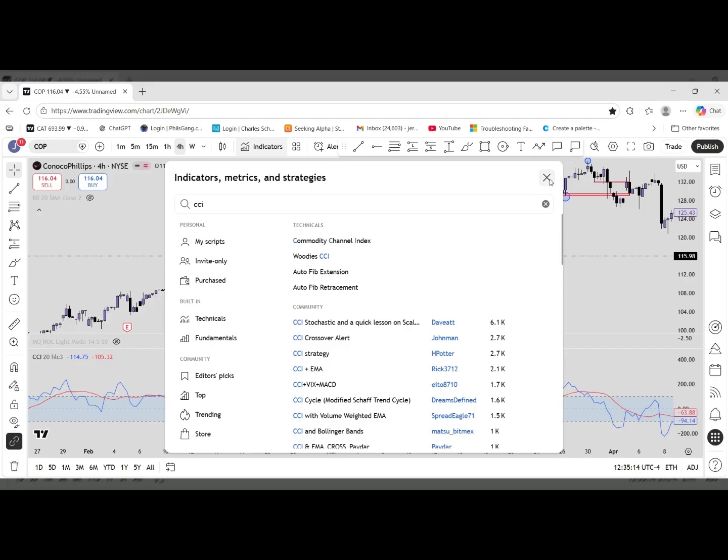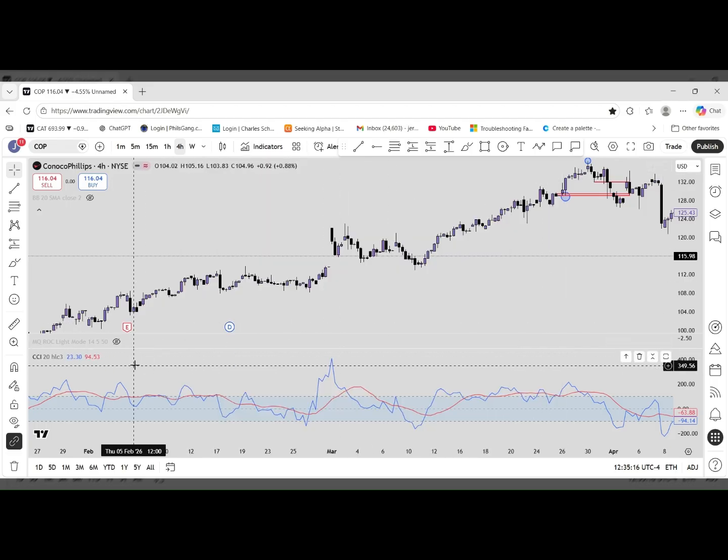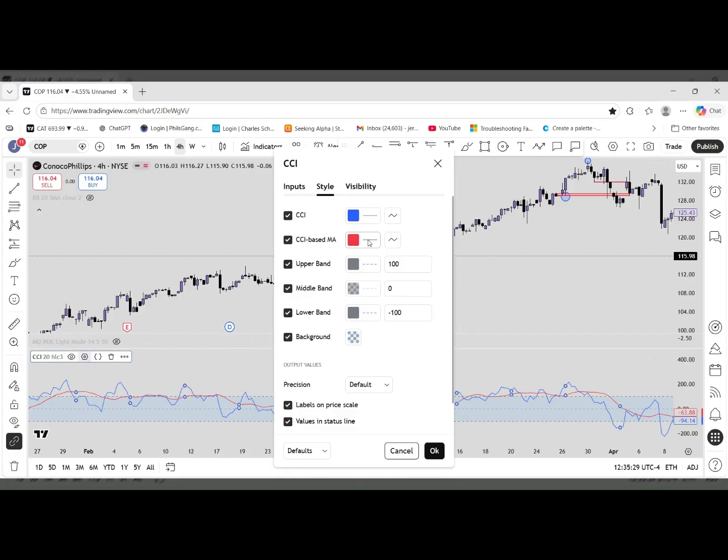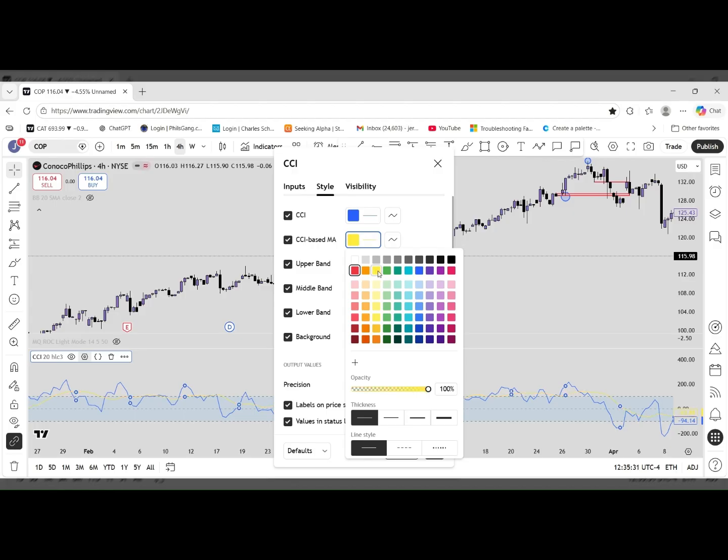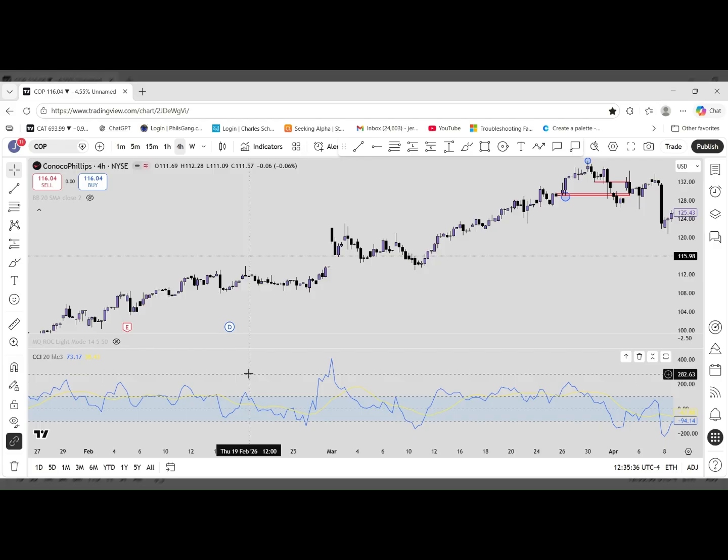That loaded this. Now, the one difference you'll find if you load this up on tradingview.com is this red line. Originally, let me show you how it was set. To me, it was very difficult to see. It was a yellow, I think, something like that.